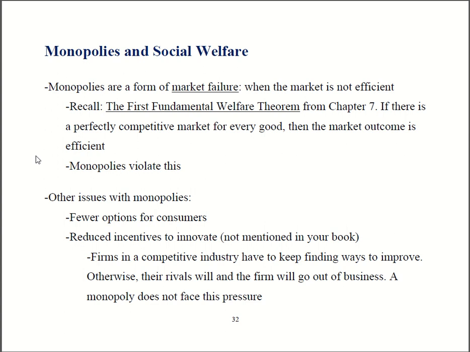So it's this competitive pressure to keep innovating, keep finding ways to make things more efficient, keep finding ways to make better products, that competitive firms face. Monopolists don't worry about that quite so much. If the monopolist fails to find a way to improve things, you still have to buy from them because they're a monopolist. No other choice. So less incentive to make progress for monopolists. So that can reduce long-run growth.